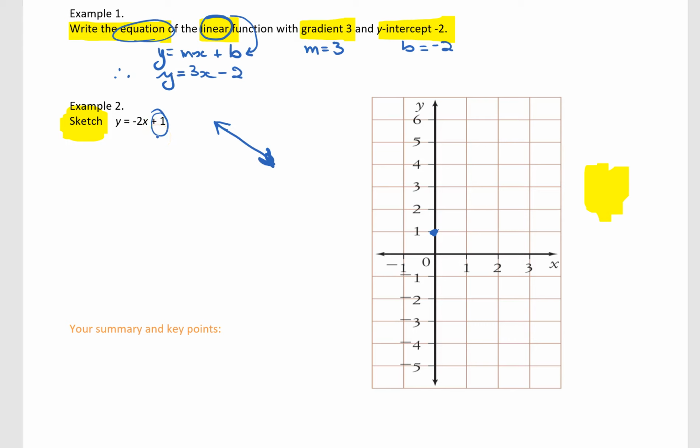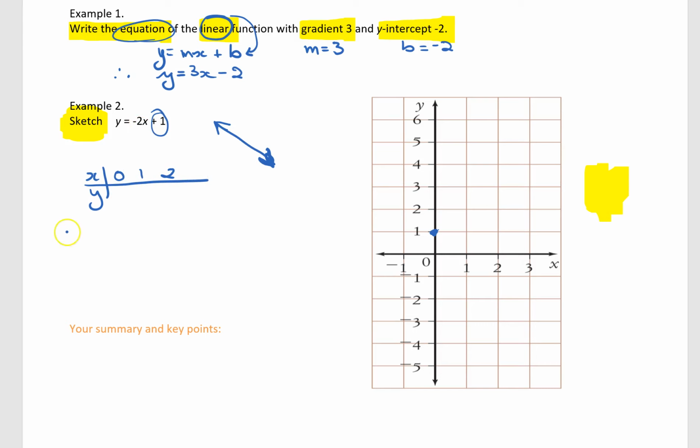Okay, from there, to draw a sketch, I'm sure you're quite familiar with the process of drawing a table of values. X goes across the top, Y in the bottom. We get to choose our X values. I'm choosing the 3 easiest values of 0, 1 and 2.